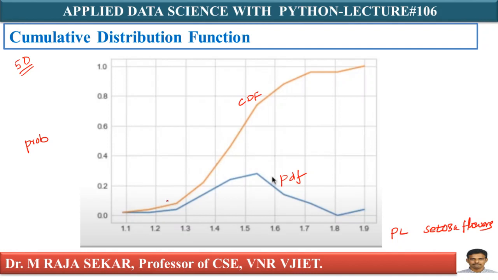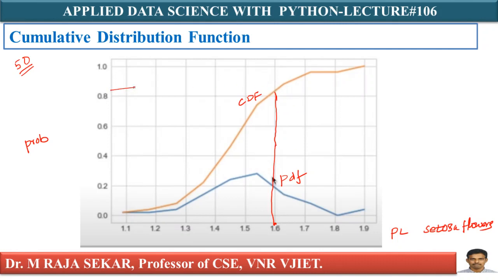Let me say 1.6. This is 1.6. What is this 1.6? It's the petal length of setosa flowers. If I find the corresponding point on your CDF, on the x-axis I have 1.6.